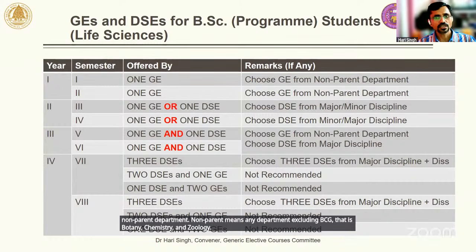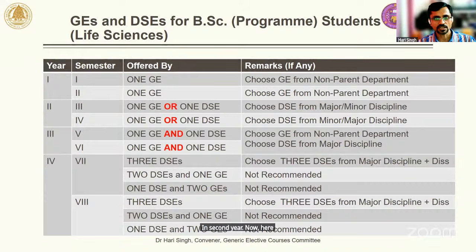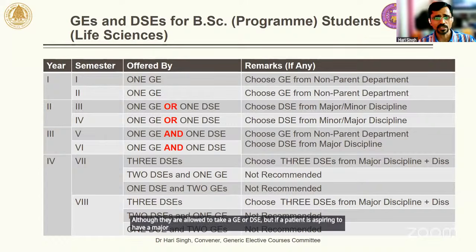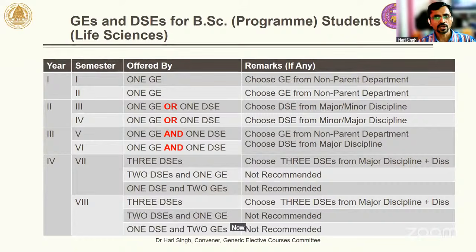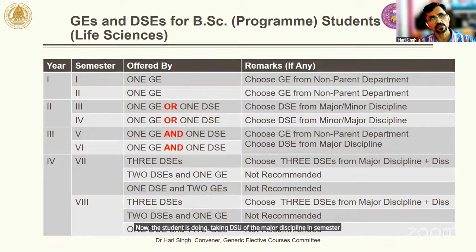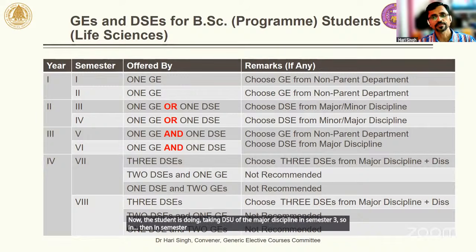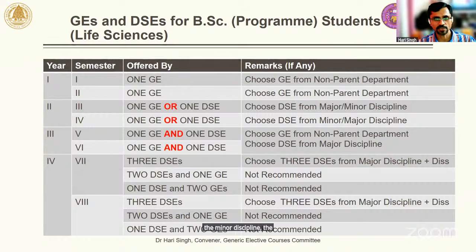In semesters 1 and 2, that is in the first year, a student can take GE from the non-parent department. Non-parent means any department excluding BCZ, that is botany, chemistry, and zoology. In the second year, now here is a different case. If a student is aspiring to have a major as well as minor, a student should take a DSC from either the major or minor discipline in semester 3. If the student takes the DSC of the major discipline in semester 3, then in semester 4 he should take the DSC of the minor discipline.